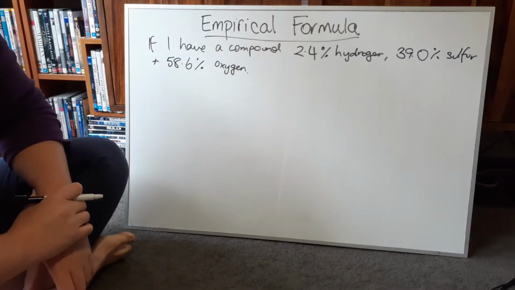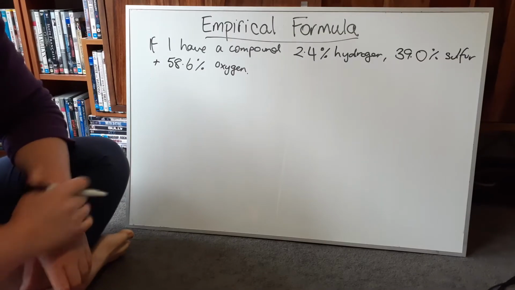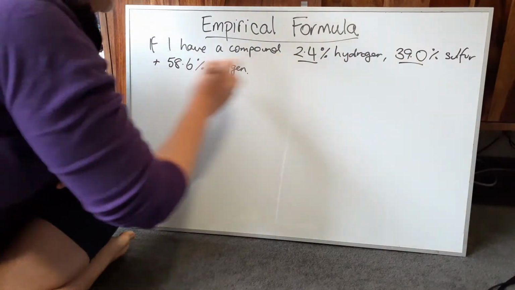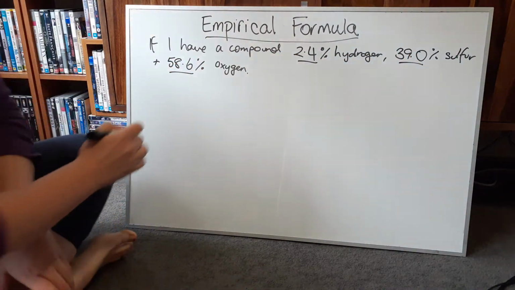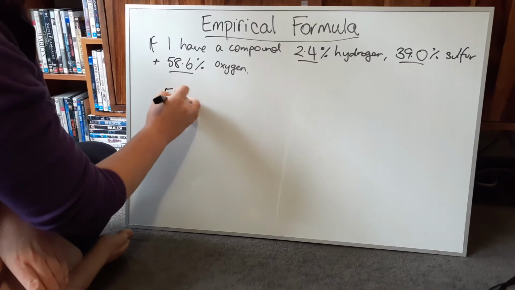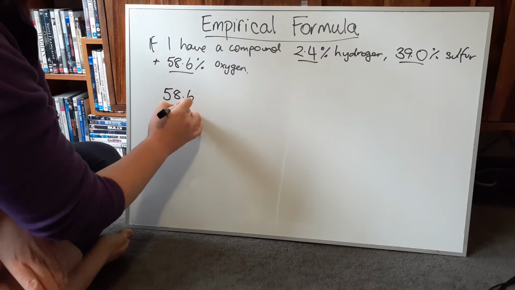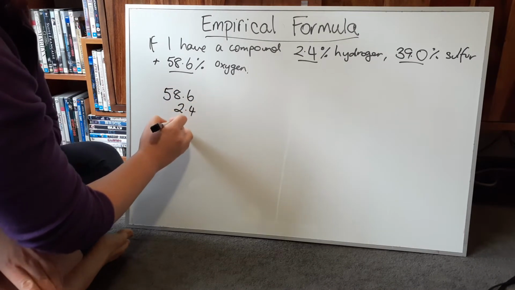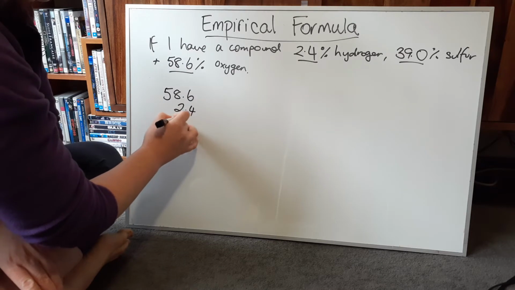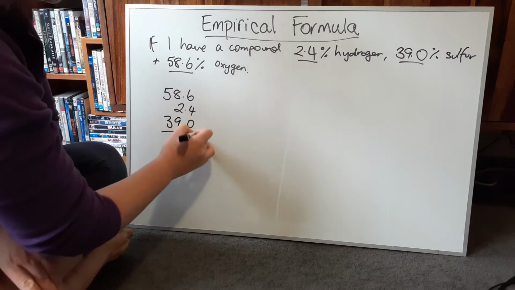The first thing I'm going to do with this type of question is take these three numbers and add them up and make sure that they add up to 100, because if not, something is missing.